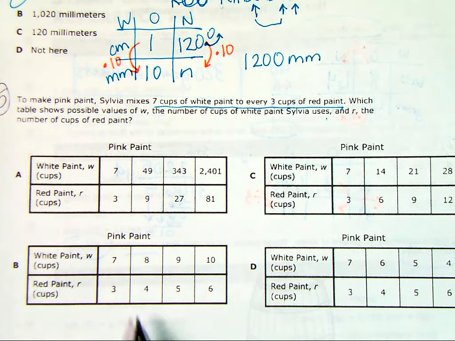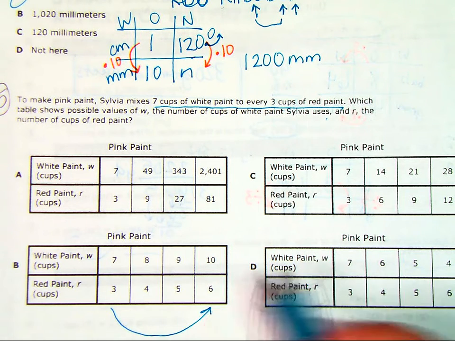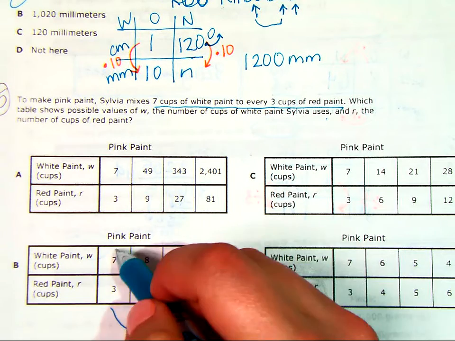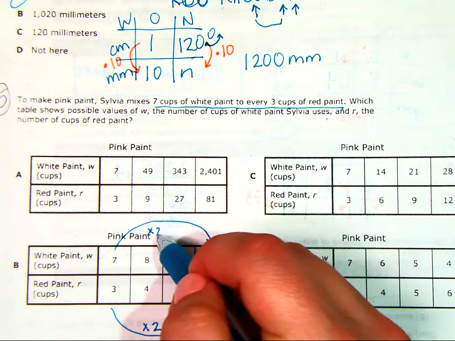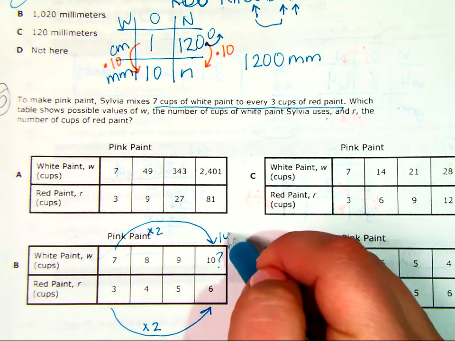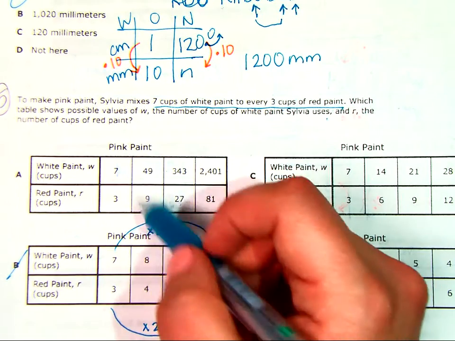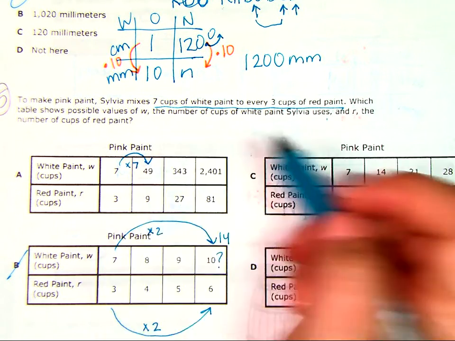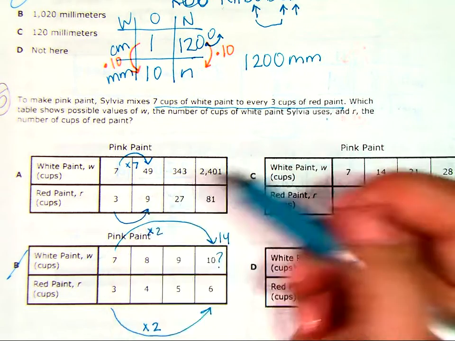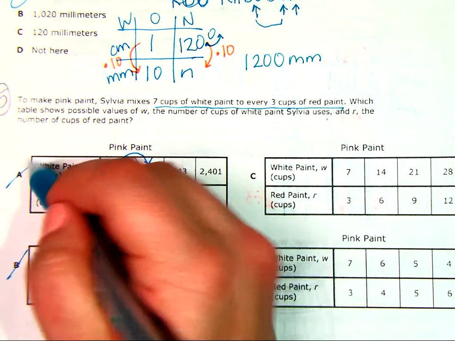So my attention is drawn right here to B, because if I think about going from 3 to 6, that would be times 2, and 7 times 2, same scale factor, is 14, and that's not 14, so I can eliminate B. So now I'm going to come back up here and check this one. 7 to get to 49, that's times 7. But down here to get from 3 to 9 is times 3. Do you see how these scale factors are not the same number? They're not equivalent ratios then.